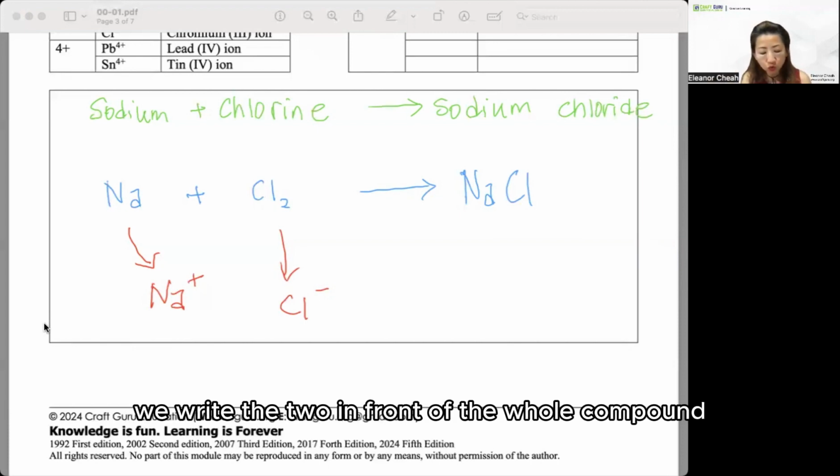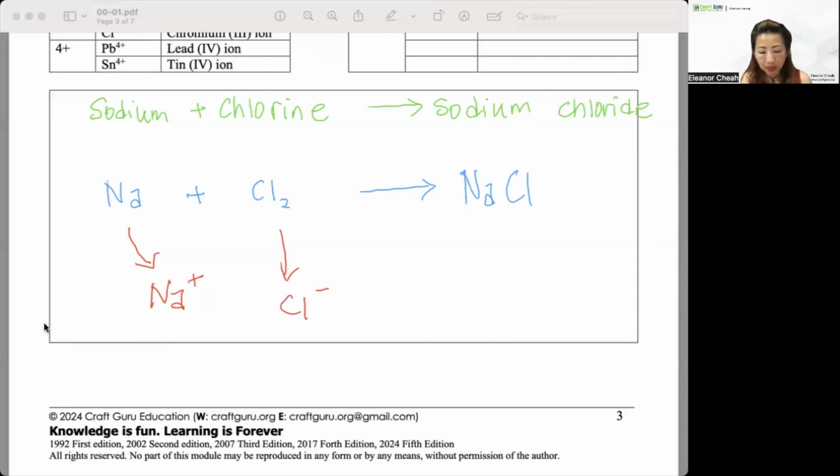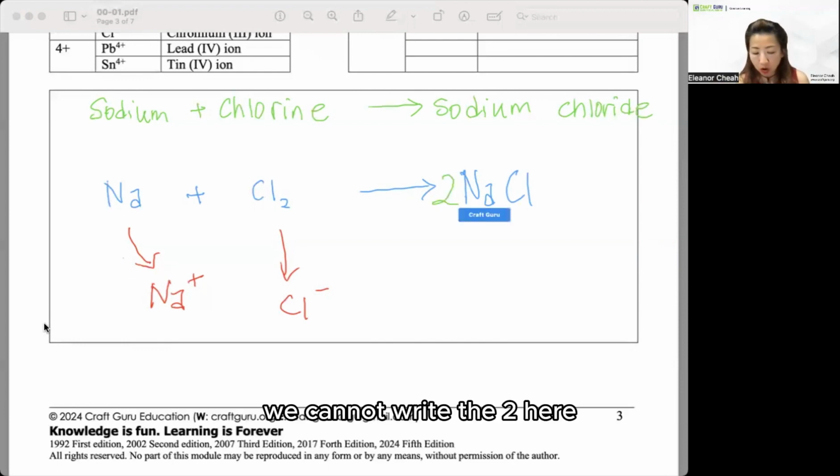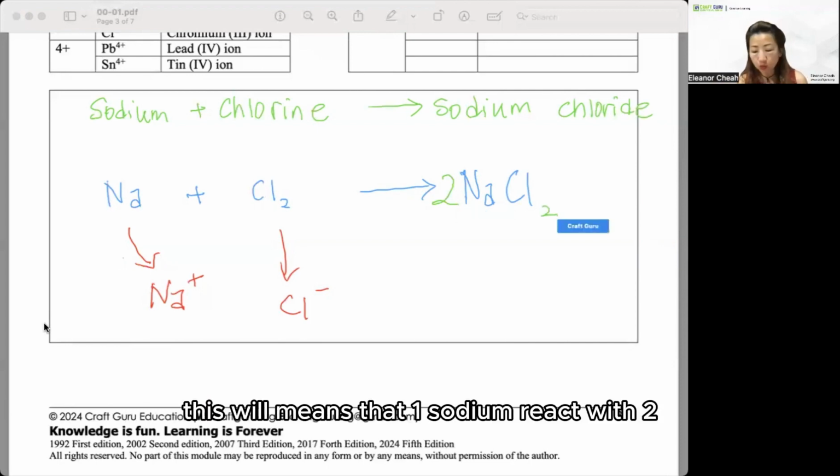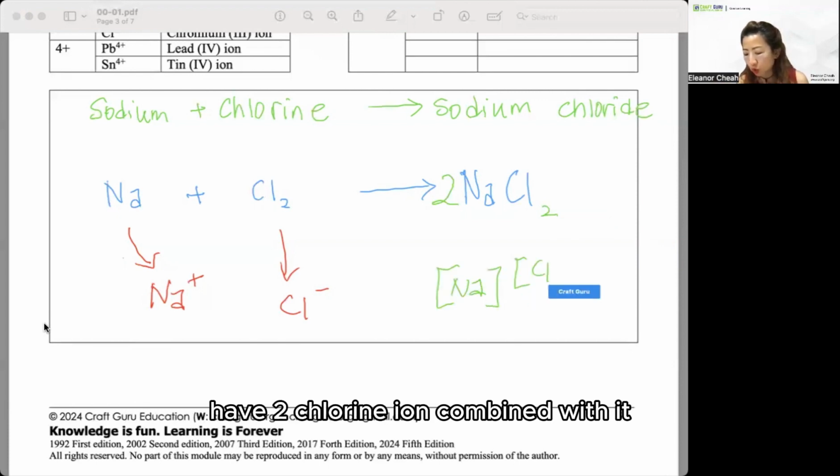We write the 2 in front of the whole compound, like this. We cannot write the 2 here. This would mean that 1 sodium reacts with 2 chlorine ions combined with it.